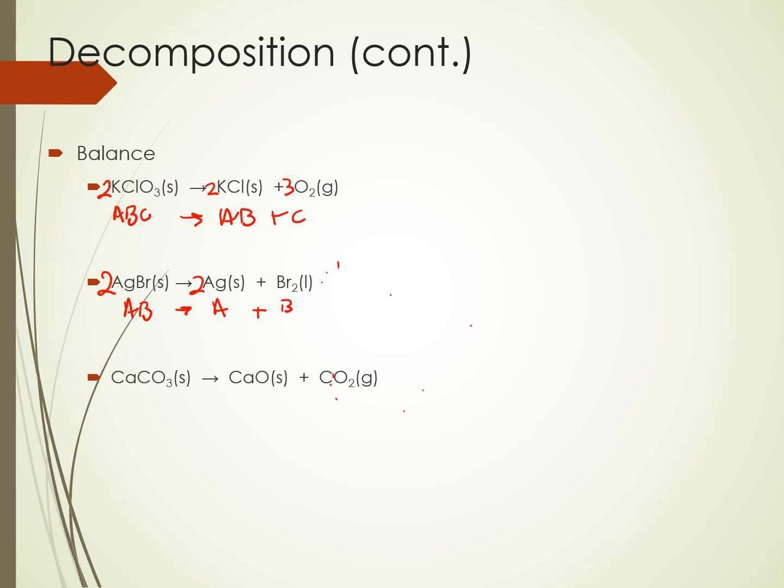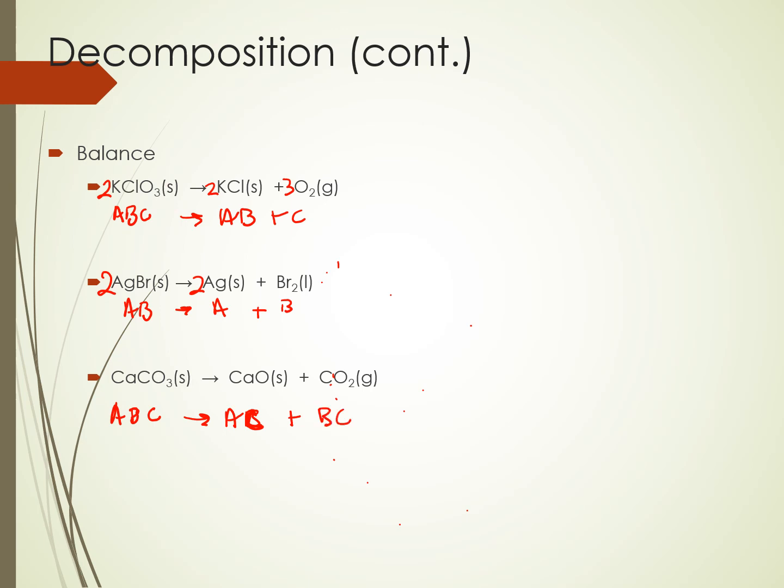As I look at my last reaction, I have a compound again, ABC. Calcium is my A, carbon is my B, and oxygen is my C. It forms a compound AB plus, in this case, that would be AC, and we would have also BC.